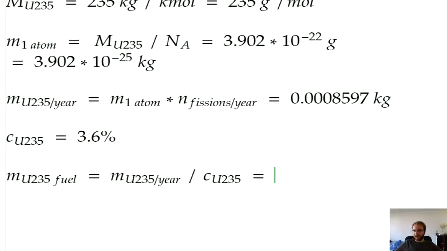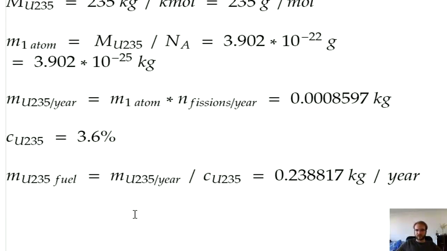And we get that for this type of fuel we would use 0.238817 kilograms in a whole year. So 200 grams, like let's say a package of cheese, of uranium fuel would be enough to provide the heat for your family house for the whole year.